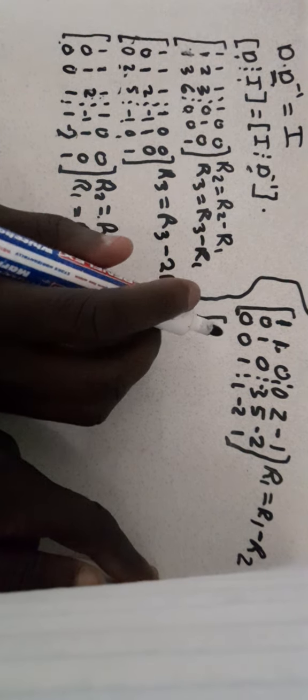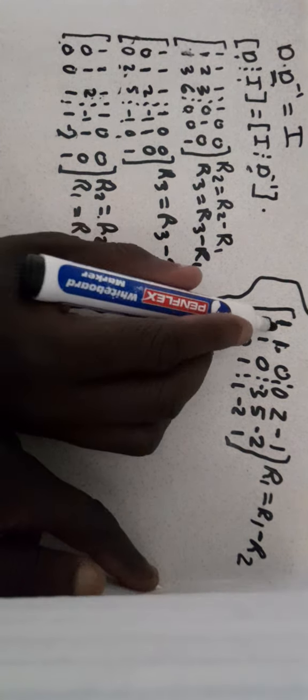This one will be 1 minus 0, which is 1. 1 minus 1, which is 0. 0 minus 0, which is 0. 0, 1, 0. Just copy them as they are. 0, 0, 1.